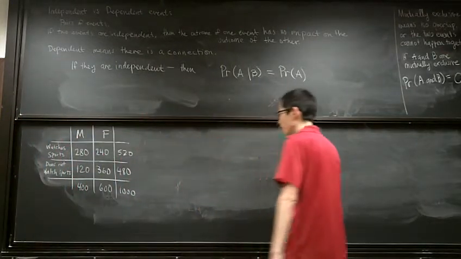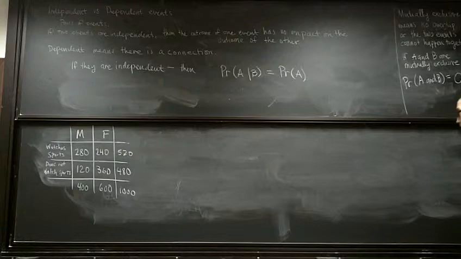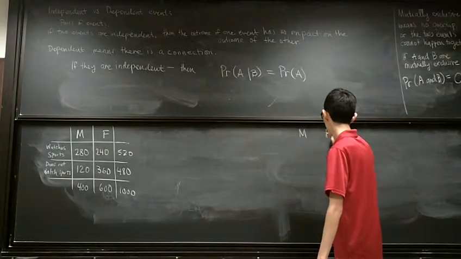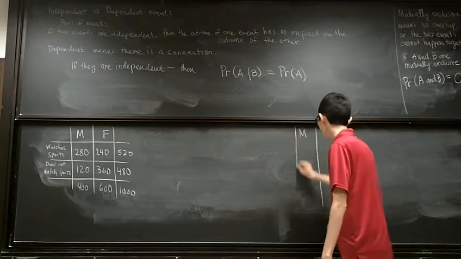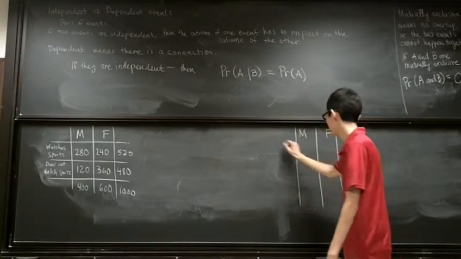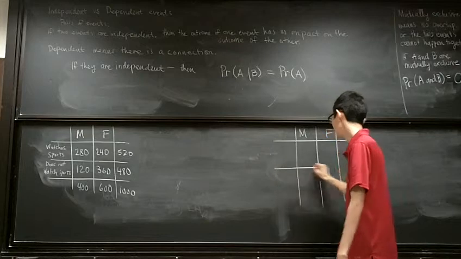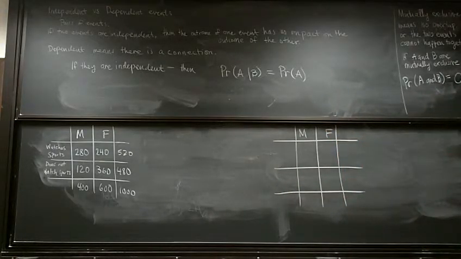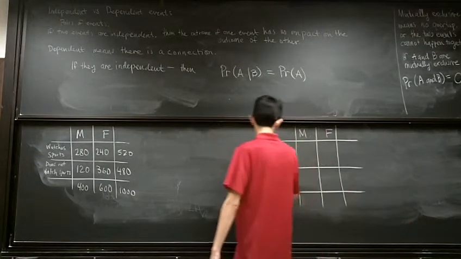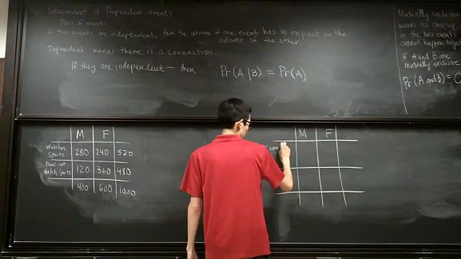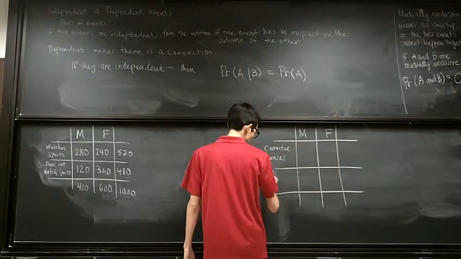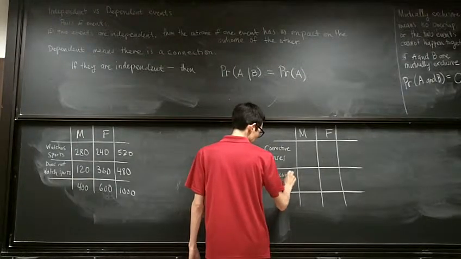So we have male, female versus watches sports and does not watch sports. And then over here I'm going to do another one. Corrective lenses, so glasses or contacts, and no corrective lenses.